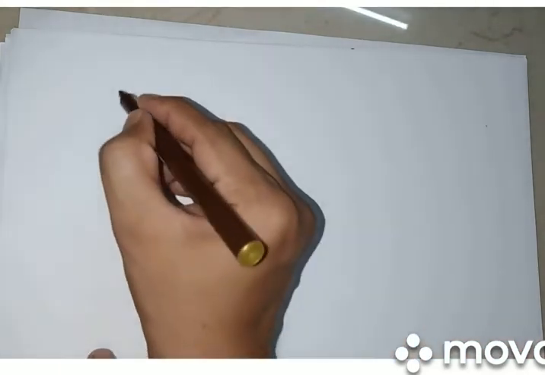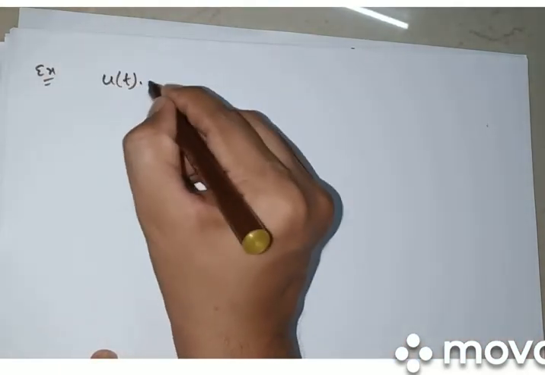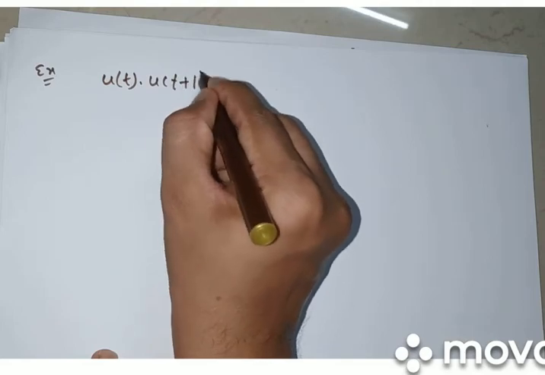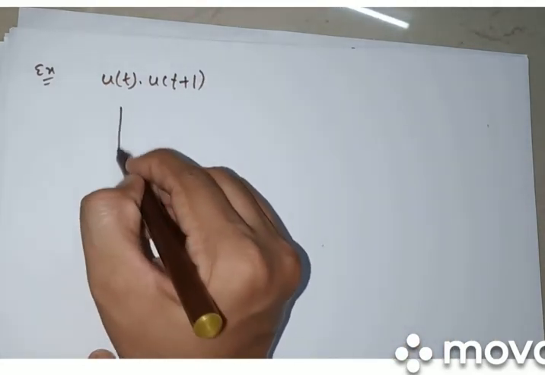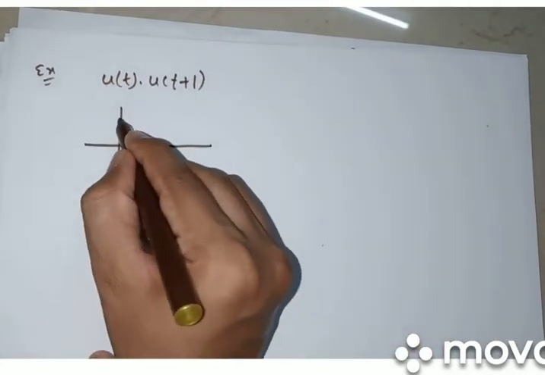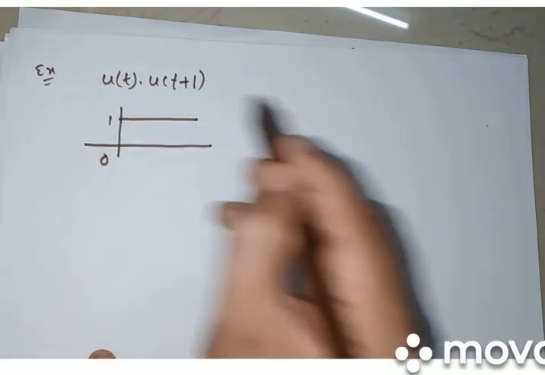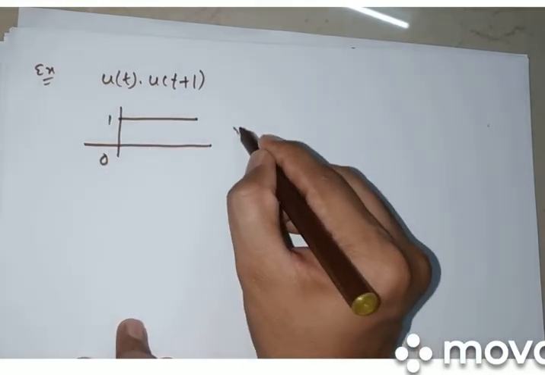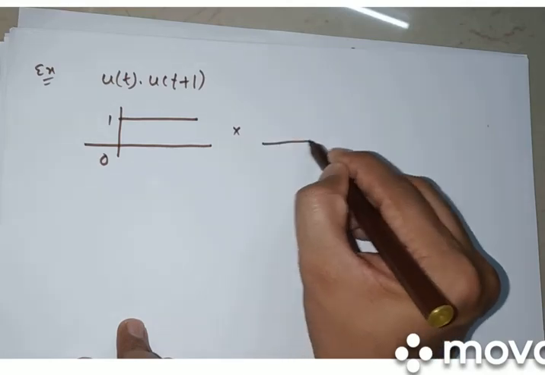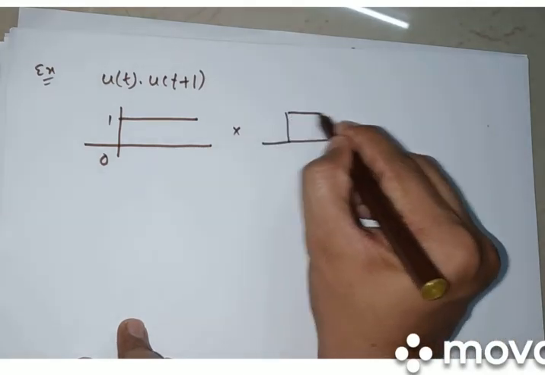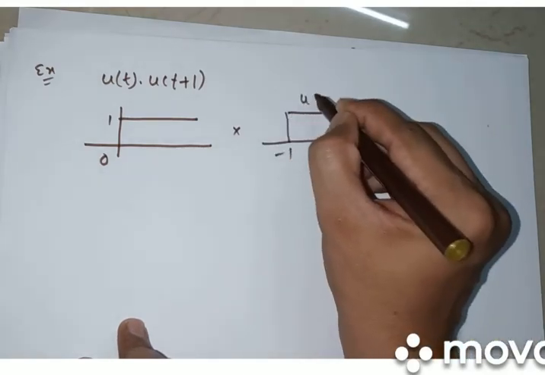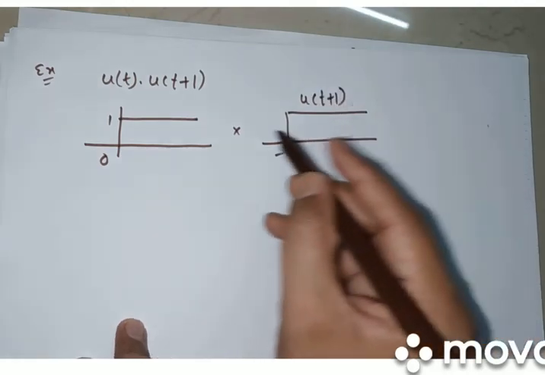Okay, now take another example. Find u(t) multiply u(t+1). Same process. This is u(t), multiply, this is u(t+1).